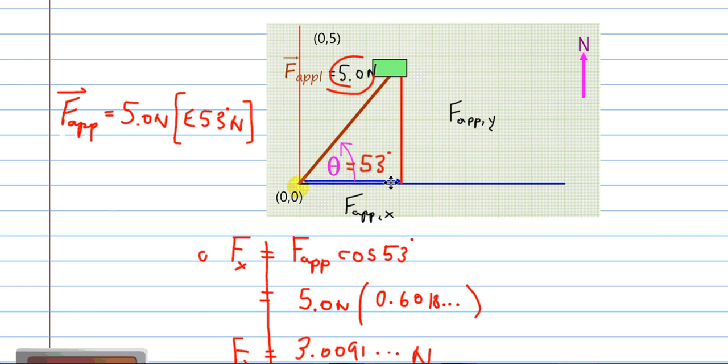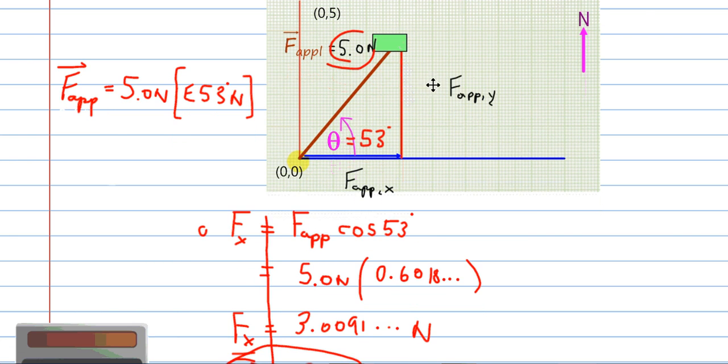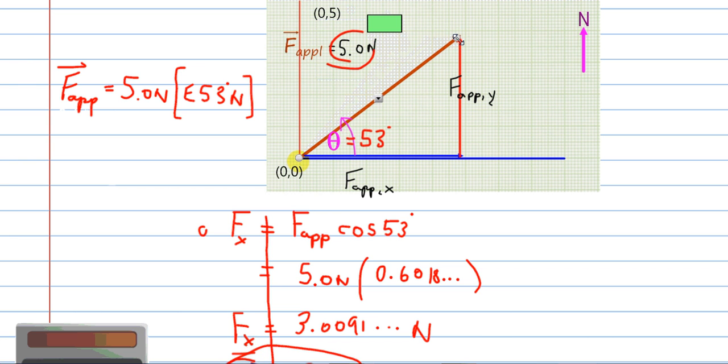One component has a magnitude of 3 newtons to the right or to the east, and the other component is 4 newtons to the north or up, or the y direction. Now, as you might imagine, if either of the two magnitudes of force should change, should this particular force vector become larger while the y direction stays the same, well then I would have to slide this vector over and complete my triangle, and that's now going to alter the angle.